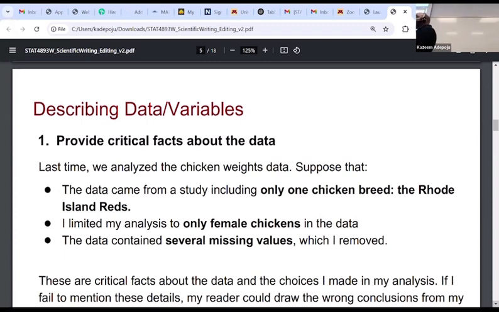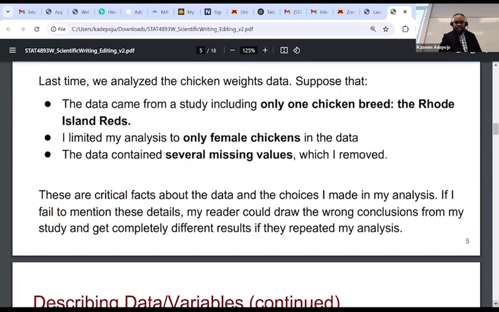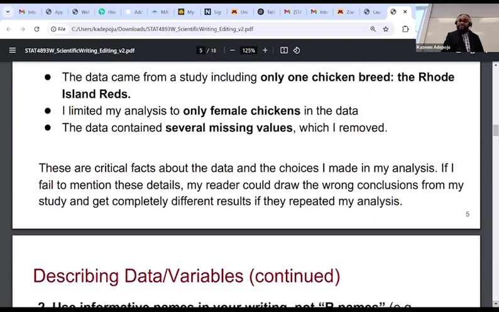You have to tell us how you deal with the missing value. That was what I said. There are critical facts about the data and choices you made in the analysis. If you fail to mention these details, the reader could draw wrong conclusions from the study.